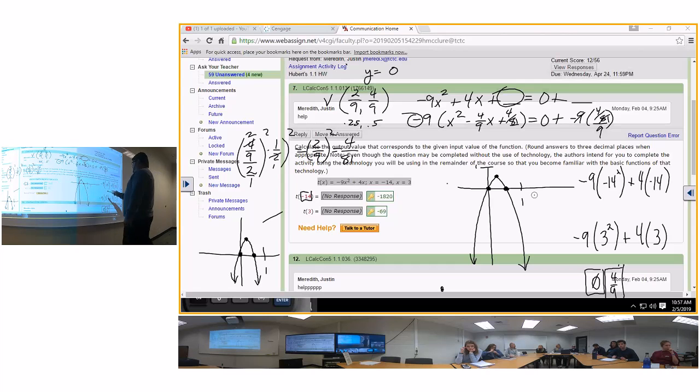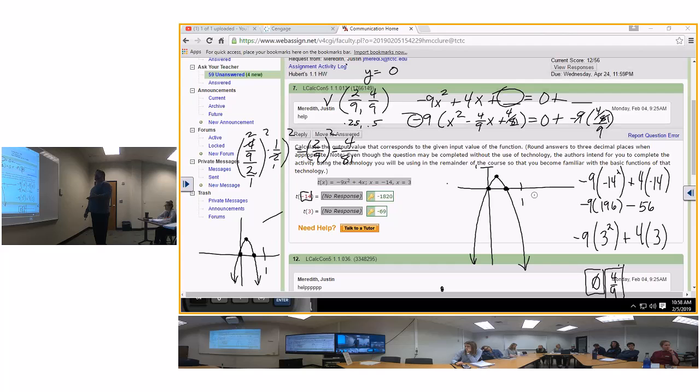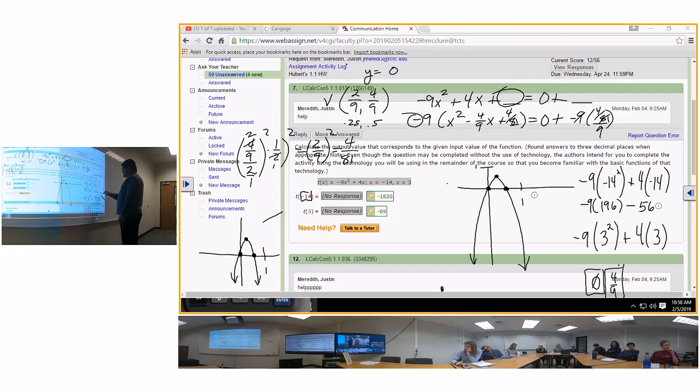Okay, that's going to be -9 times 196 plus, it'll be minus 4 times 14 is going to be what? 56? Well, yeah. I'm sorry, but 9 times 200, that's -1800, -1856 approximate.